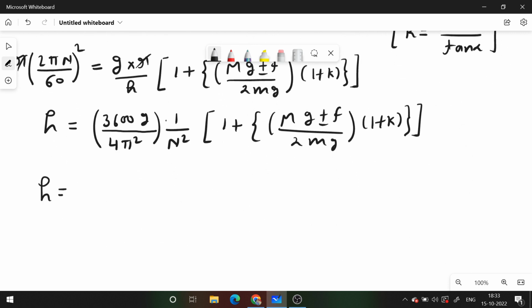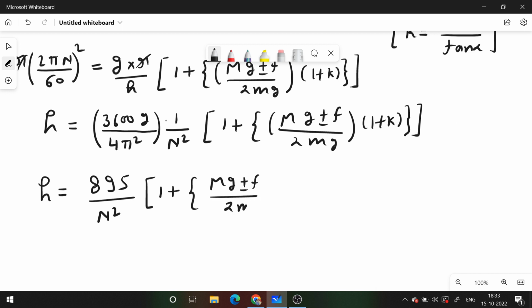Calculating this value, we will get 895 upon N square within bracket 1 plus mg plus minus f by 2 mg, 1 plus k.